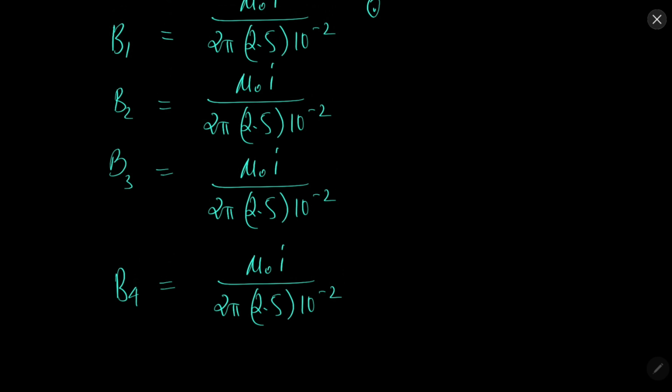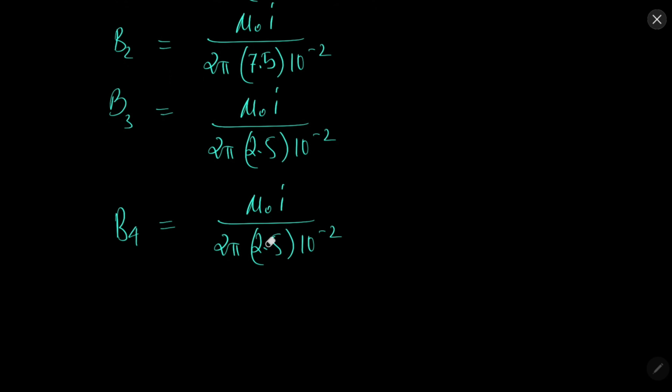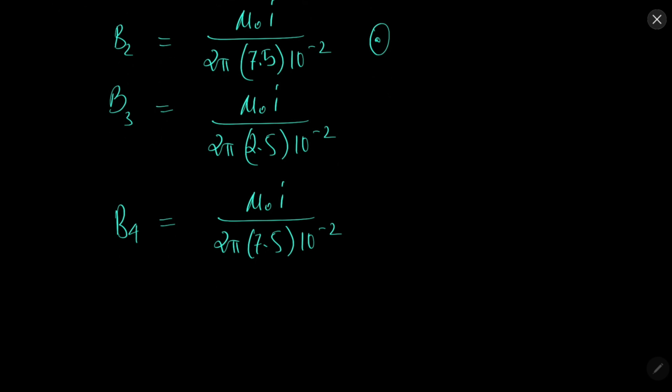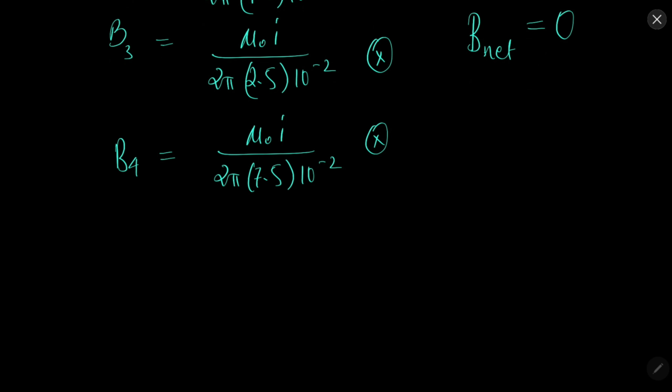Just a slight change will be there. This will be 7.5. This will also be 7.5. They are outside and they both are inside, so the net field will be 0. 2 outside, 2 inside.